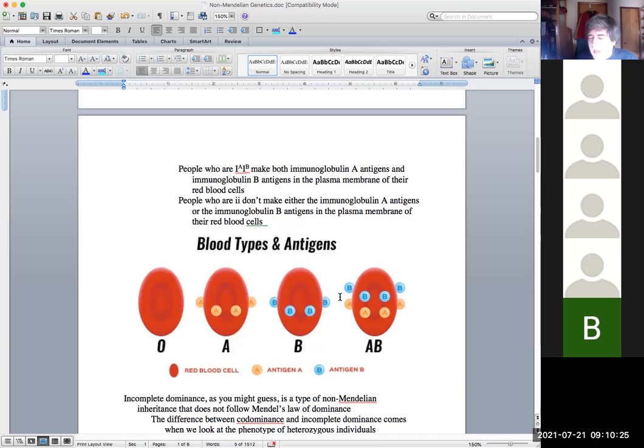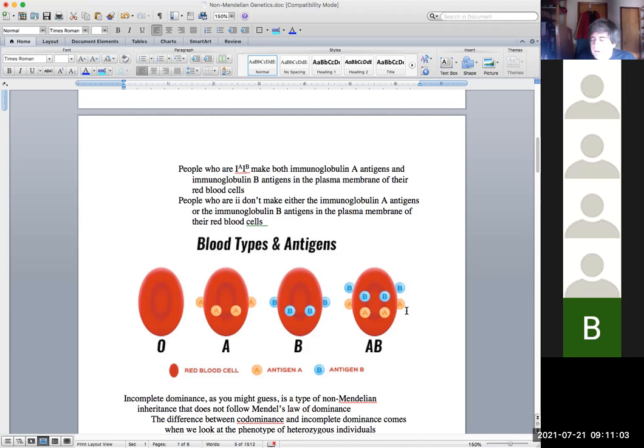If you look at somebody with type AB blood, you can see the phenotype that we see in somebody with type A blood, because the phenotype is really these A antigens. And you can also see the phenotype that we see with someone with type B blood. In this case, the phenotype is these B antigens. So when we can see both of the phenotypes, somebody whose blood type is AB is I big A, I big B. So if we look at them, we can see both phenotypes from both alleles.